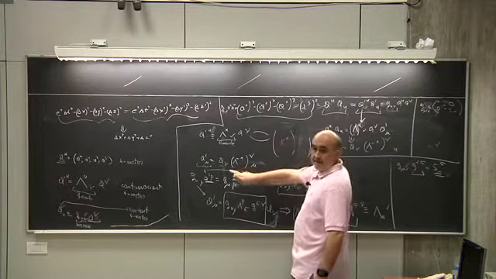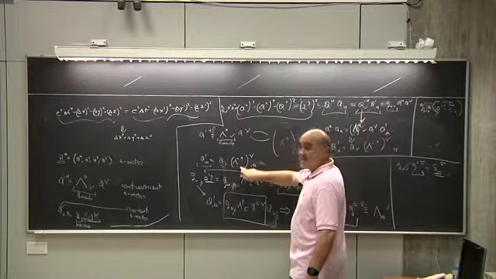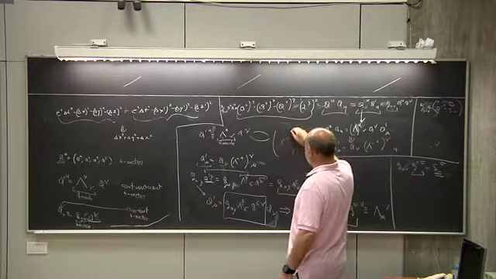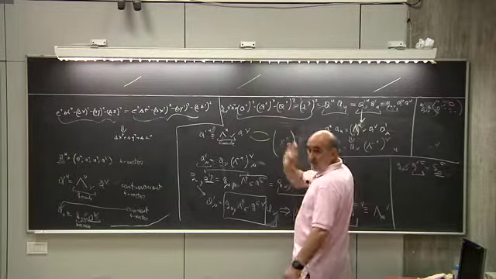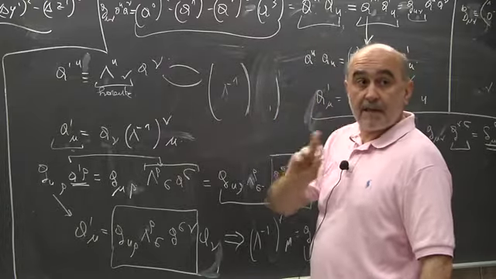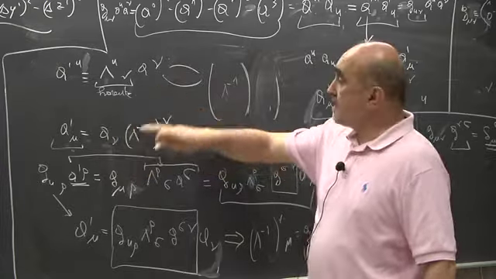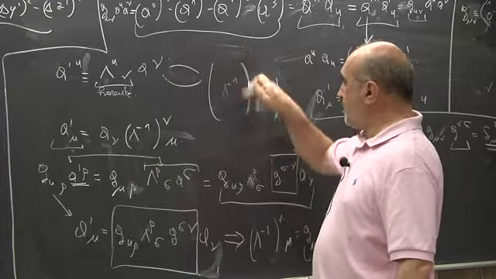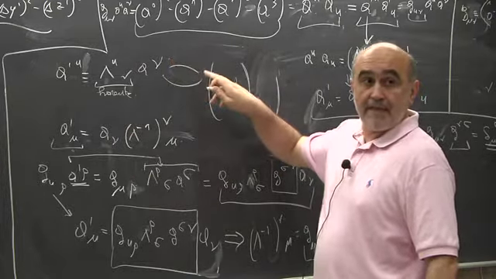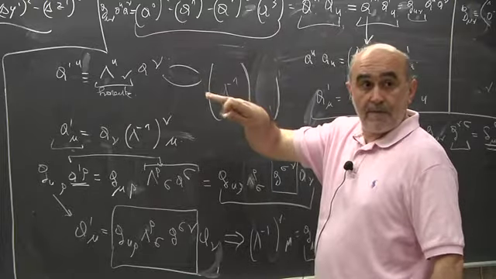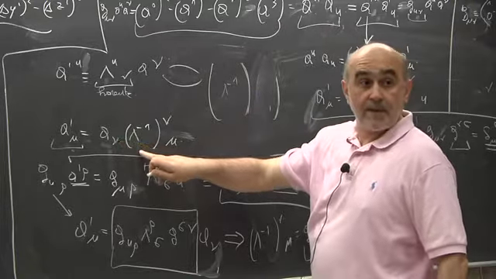You understand? So these things mean take the inverse of the matrix, and that is a set of numbers. This object is this. So that means you do this multiplication as if this was a row. You understand? So this means the following.